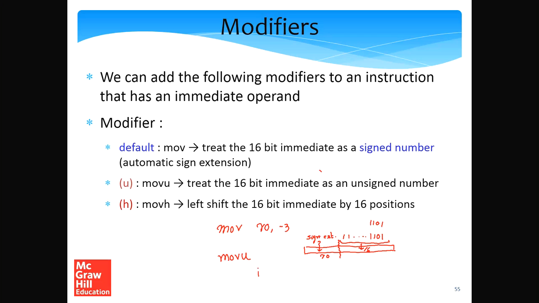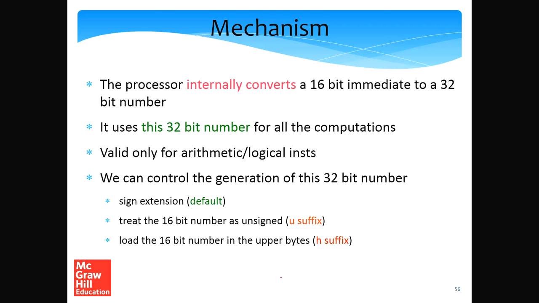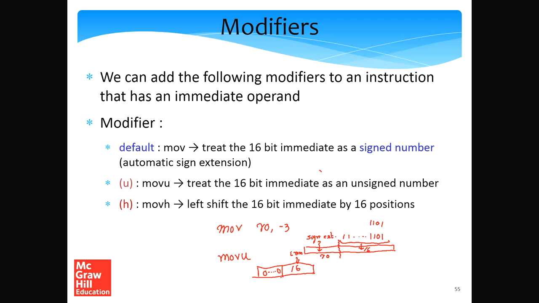So essentially what happens is that in the 32-bit field, the first 16 bits is where the immediate comes in, and the remaining 16 bits are all zeros. So we treat it as an unsigned number. And in move H, what is done? Let me explain it here.